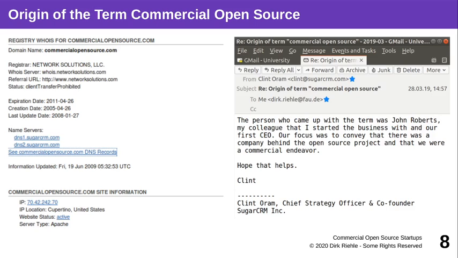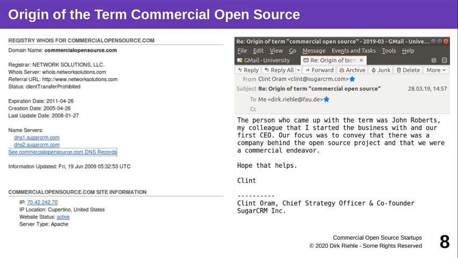The term commercial open source, I was curious, and a while back, 10 years ago, I asked or confirmed what I knew, that this term had been coined in 2004 by the commercial open source software firm SugarCRM, commercial open source enterprise software for CRM, customer relationship management.